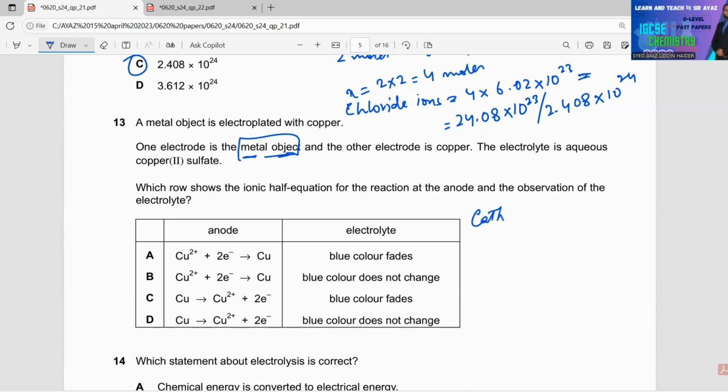Cathode must be of metal object. And in this case, the reaction must be happening like this: Cu2+ plus 2 electrons gives Cu. In this way, it will electroplate the metal object. On the other hand, what will happen at the anode?